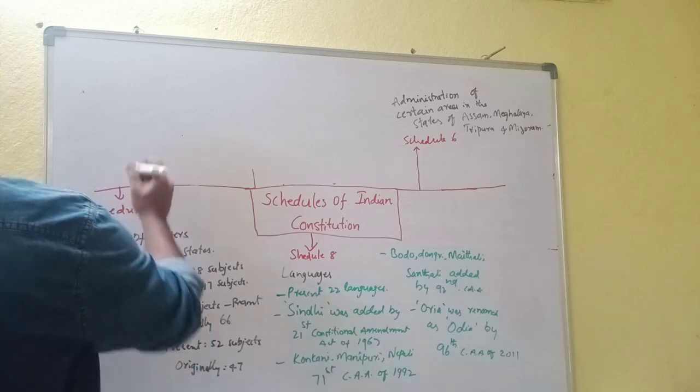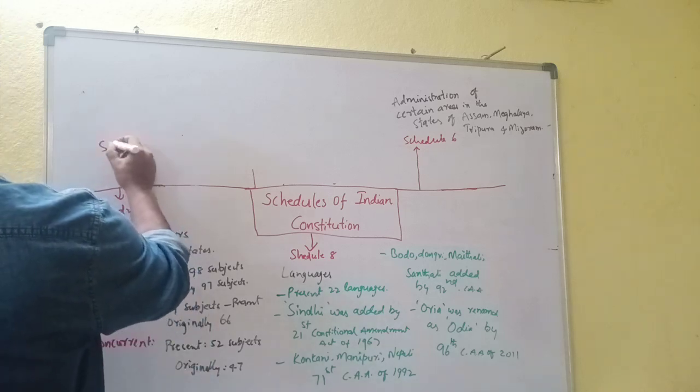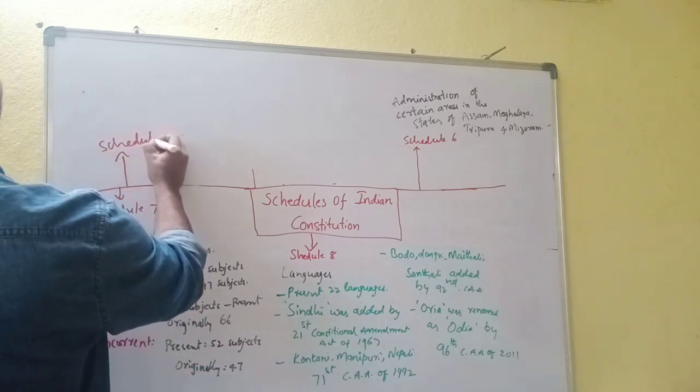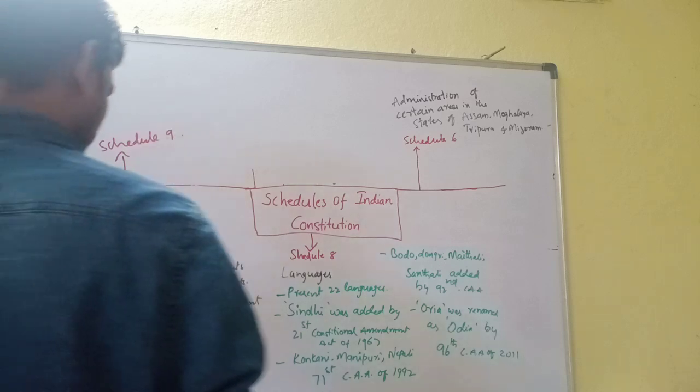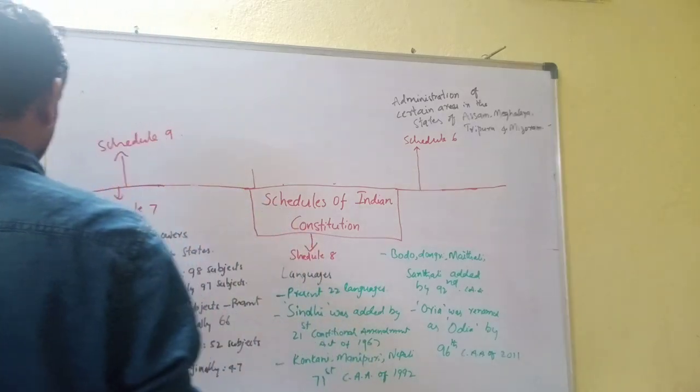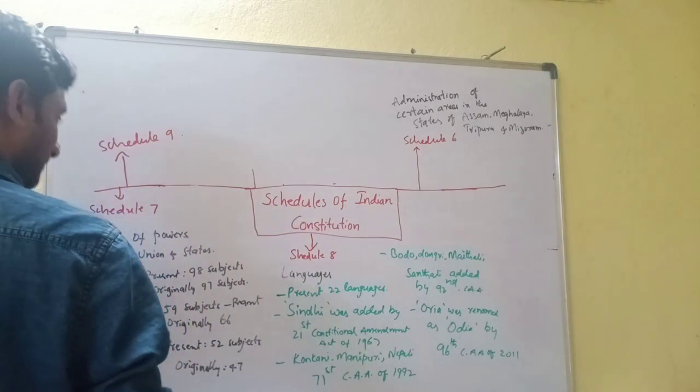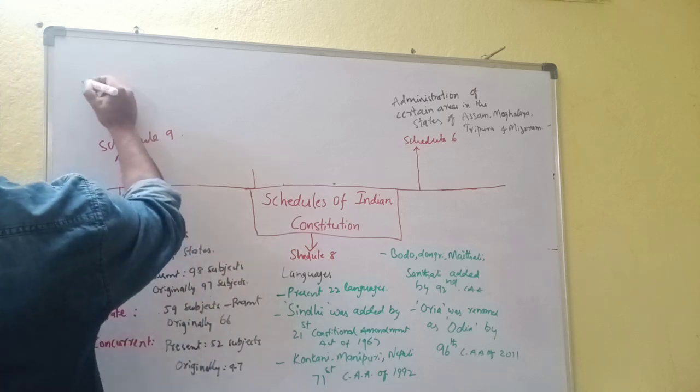Now let's go to Schedule 9. It is about land reforms and abolition of Zamindari.